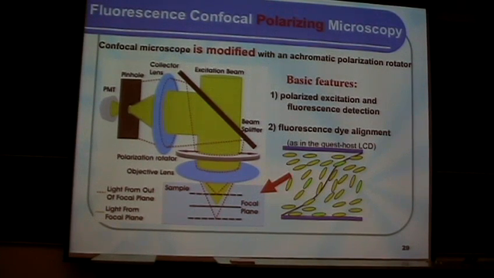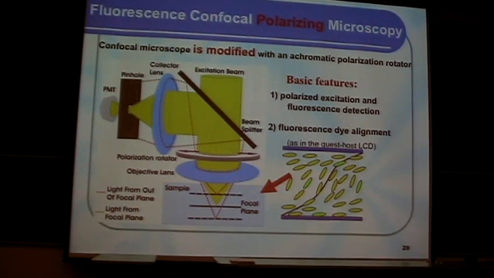So I again show you this slide which I already showed before. This is the fluorescence confocal microscopy principle scheme, in which the 2 major features that distinguish it from conventional confocal microscopy imaging are polarized excitation and fluorescence detection, achieved in this particular case using a polarization rotator, and also the fluorescence dye alignment.